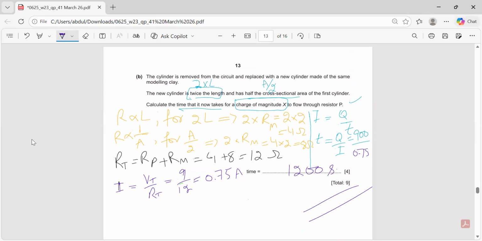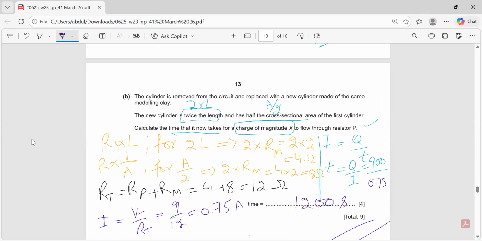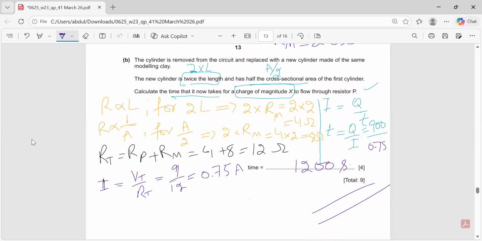Dear friends, the question is in front of you and I'm writing here Rm initially, which we calculated, that was 2 ohms. Okay. So this modeling clay cylinder is replaced with a new cylinder which is made up of the same modeling clay, but length is doubled, area is half.